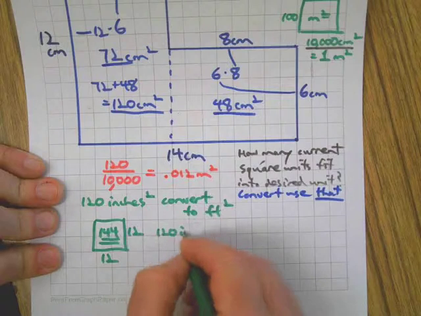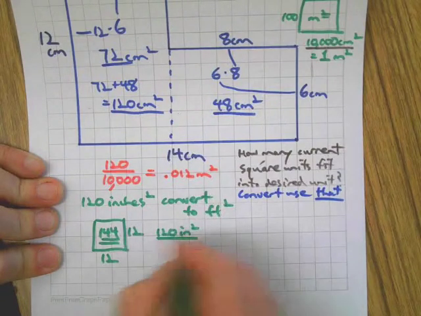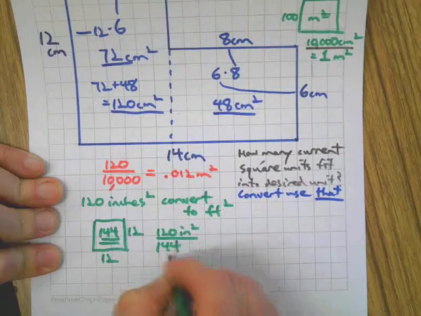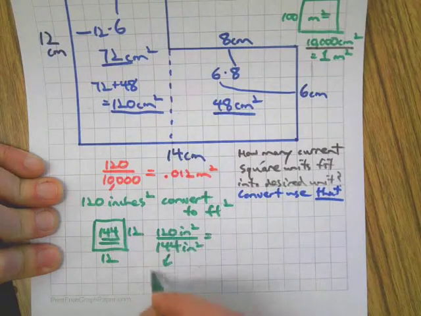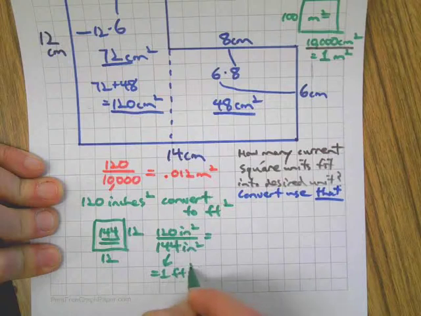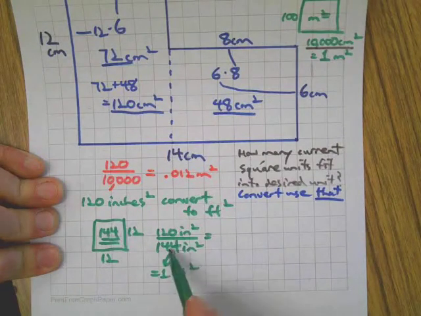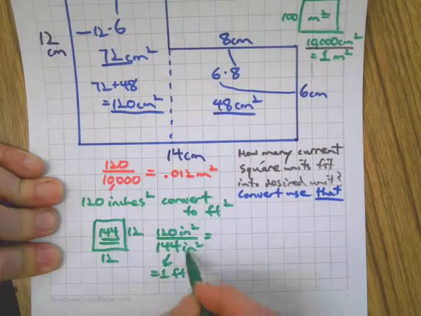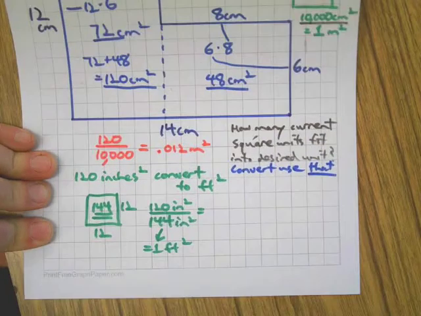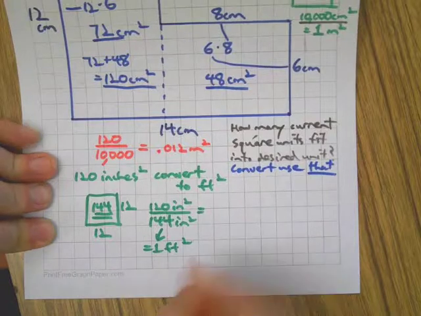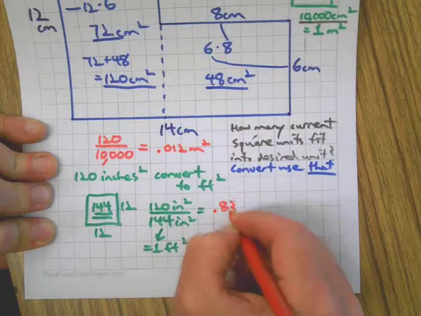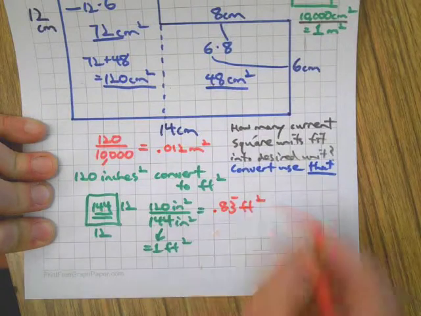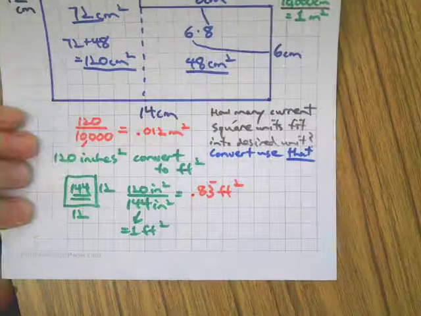So I would take my 120 inches squared, and I would keep the same units. There's my conversion, because this equals 1 foot squared. So I'm really dividing by 1 foot squared, but I've got it converted into the same units that I was using previously. So what this is going to end me up with is a little bit less than 1 square foot.